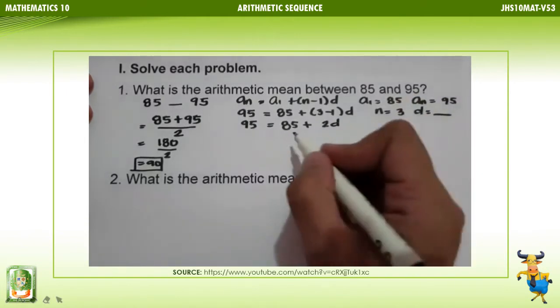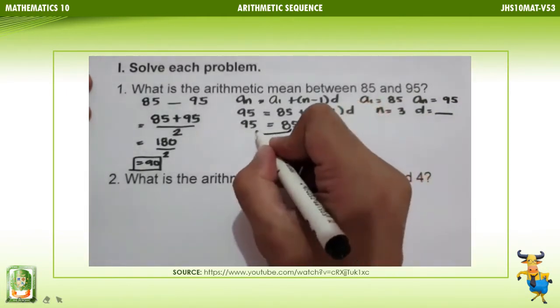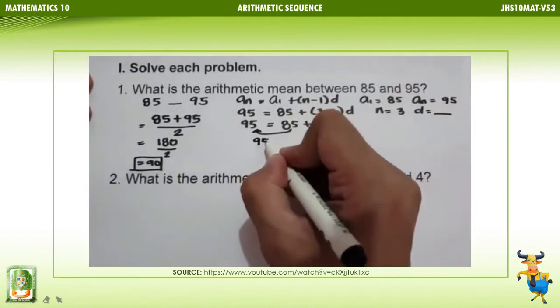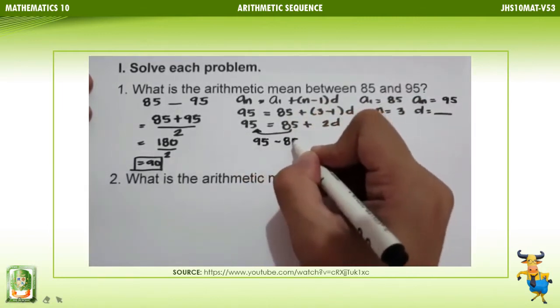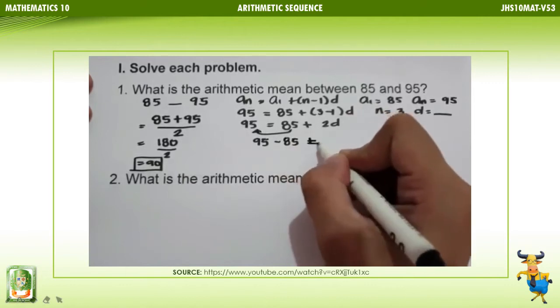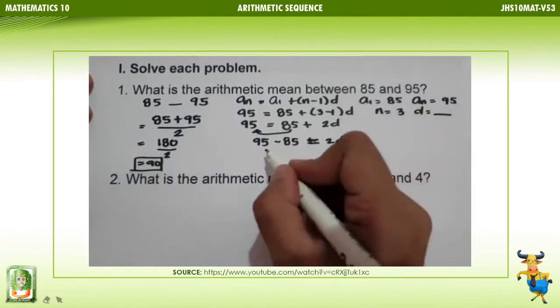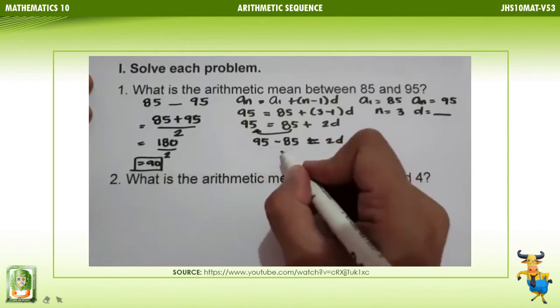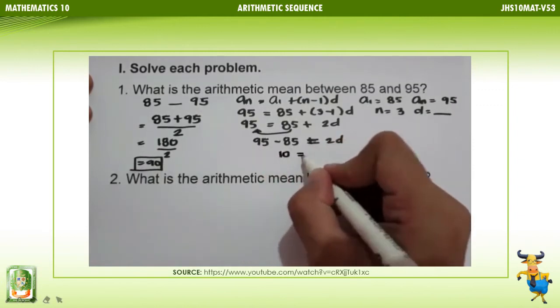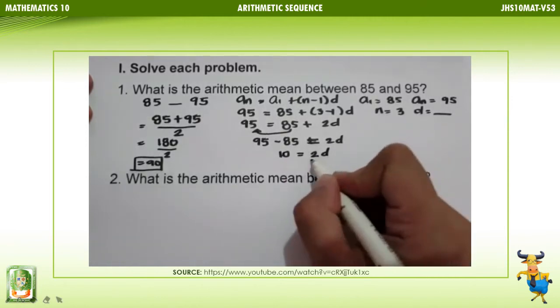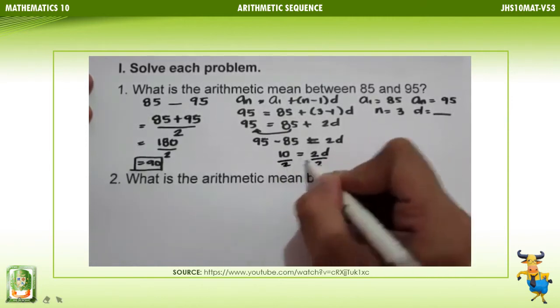And then let's move 85 to the side of 95. So that is 95 minus 85 equals 2d. And then 95 minus 85, that is 10, equals 2d. To find the value of the common difference, simply divide by 2. Cancel.